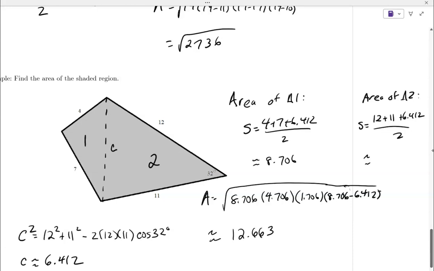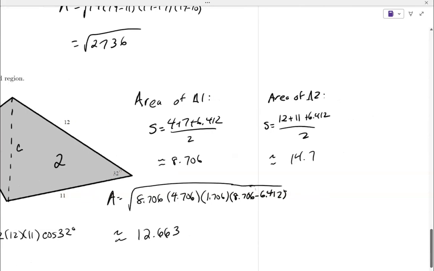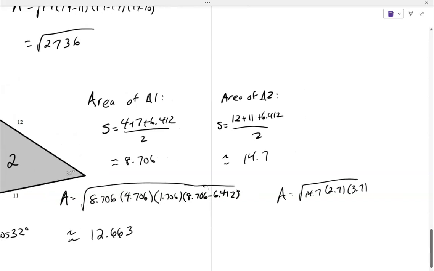So what did we get for the semi-perimeter value for the second one? 14.7. So when we do the other area, we'd have 14.7 times 2.7 times 3.7 times whatever 14.7 minus the 6.412 is.